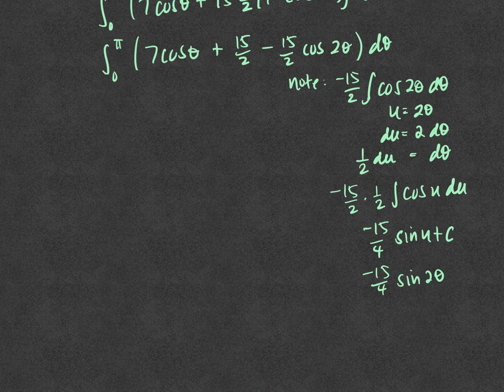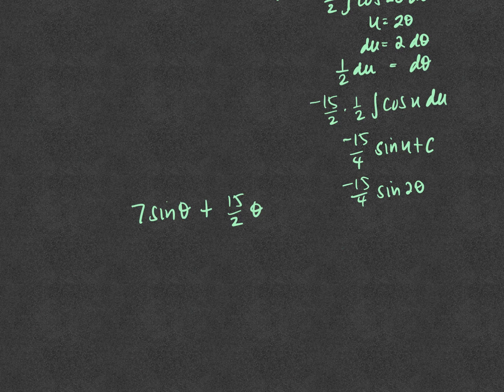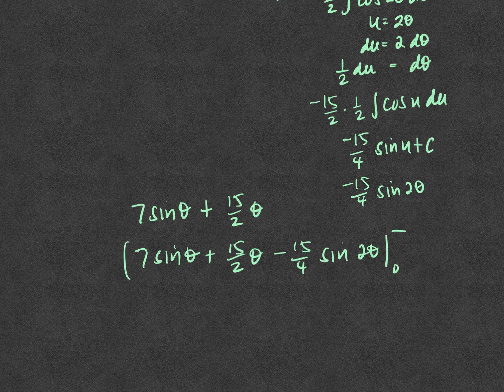So when I integrate 7 cosine theta, we get 7 sine theta plus 15 over 2 theta minus 15 over 4 sine 2 theta. I'm going to put that all on the same line. So we have 7 sine theta plus 15 over 2 theta minus 15 over 4 sine 2 theta, and our bounds are 0 to pi.